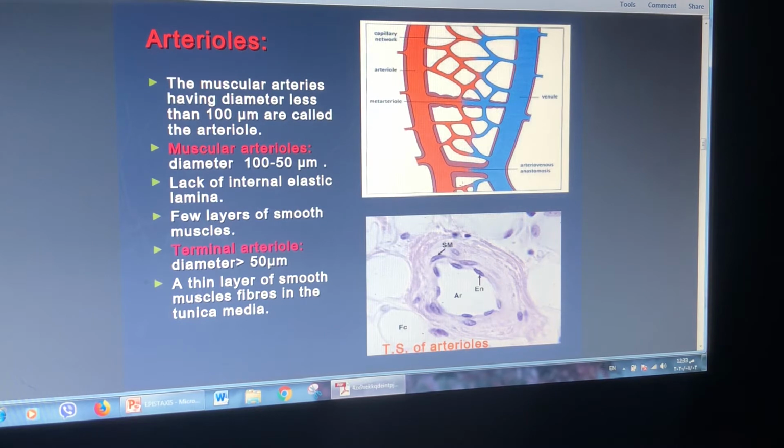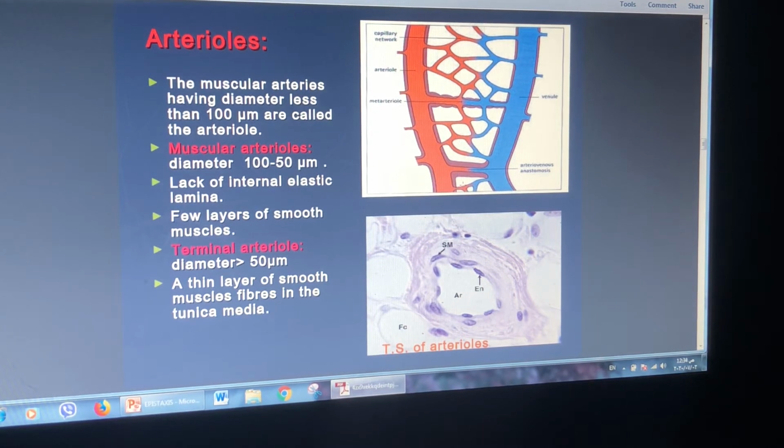Now, arterioles. Muscular arteries having a diameter less than 100 micrometers are called arterioles. Muscular arterioles have a diameter of 50 to 100 micrometers, lack the internal elastic lamina, and have a few layers of smooth muscle.